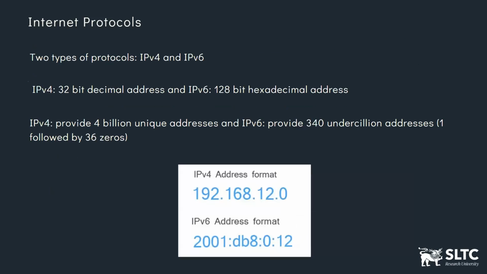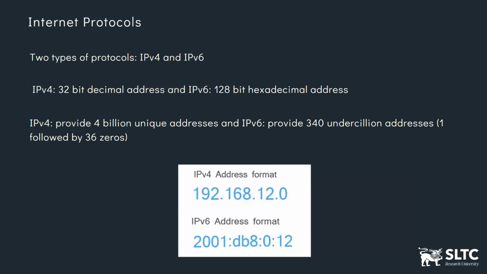So basically there are two types of protocols, IPv4 and IPv6. The IPv4 protocol assigns a 32-bit decimal address to the devices.